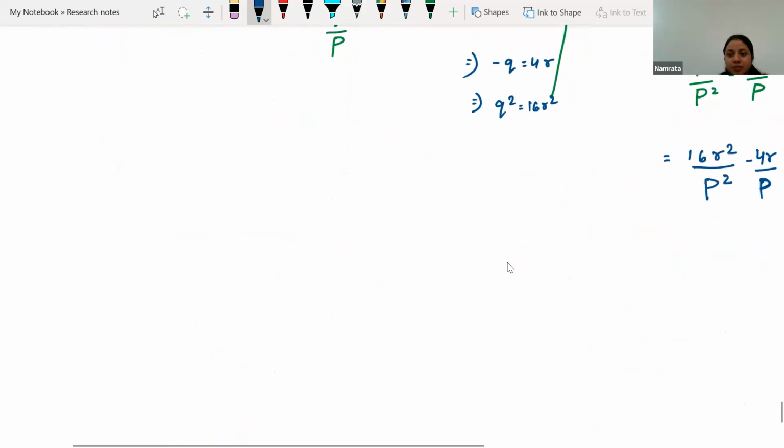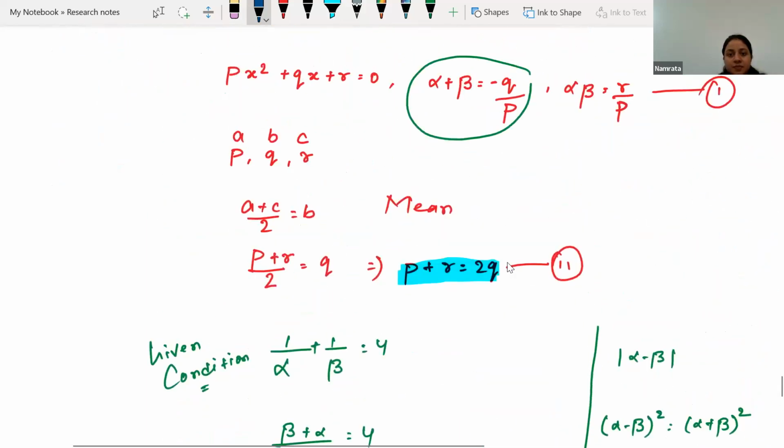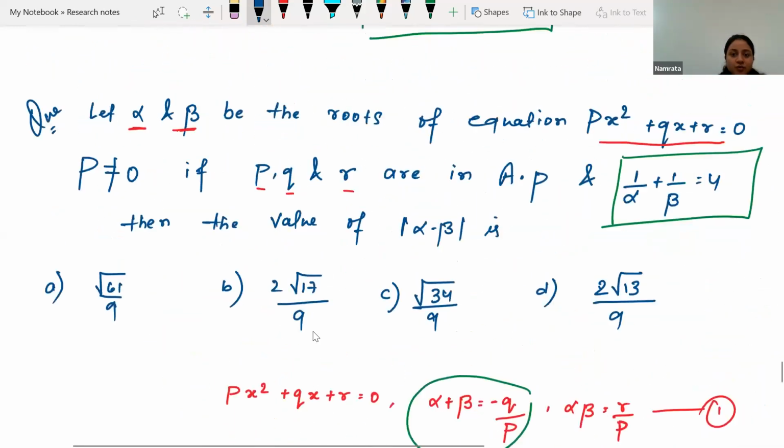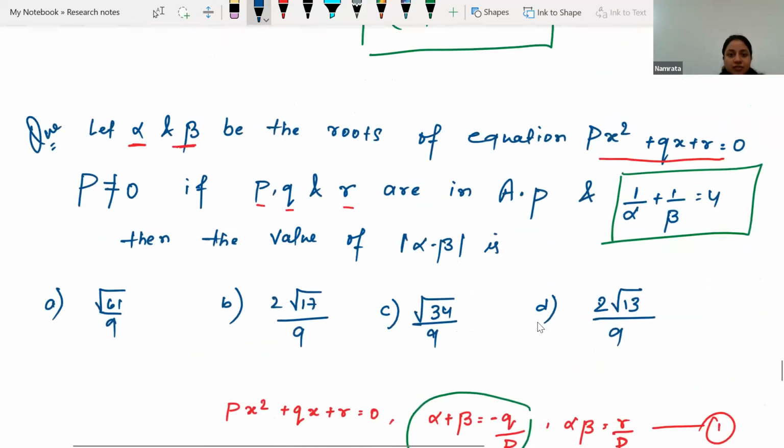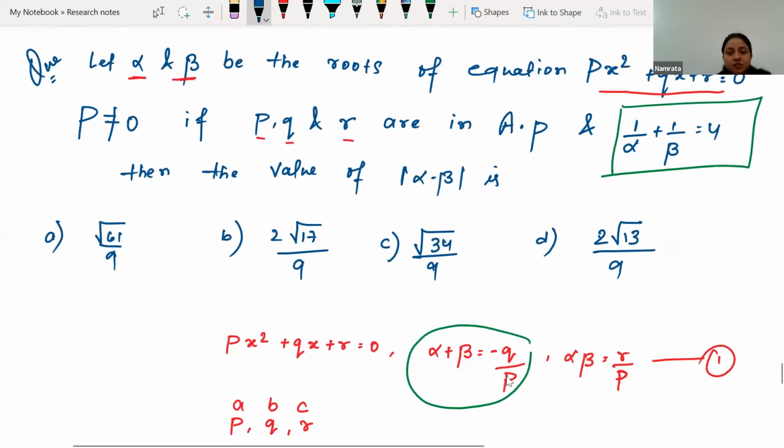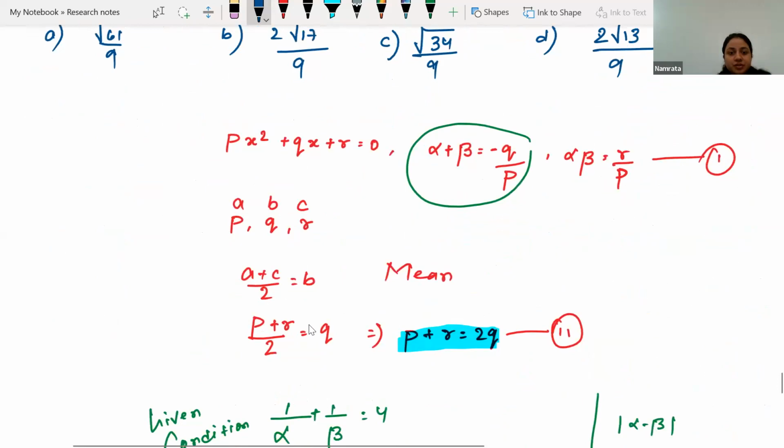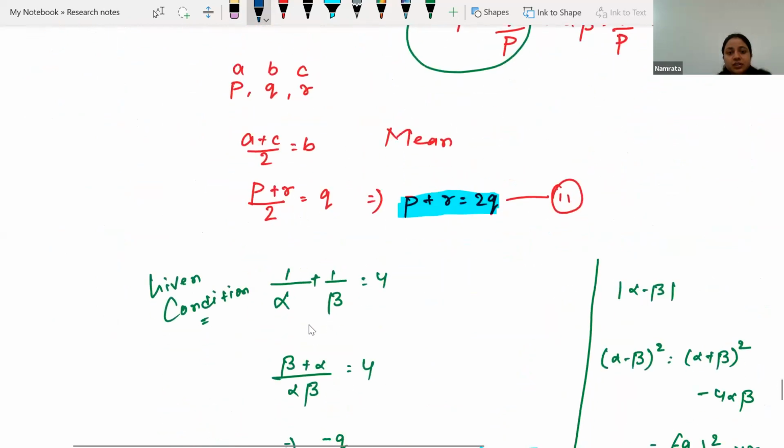If we take p from here, the options are given in values, so obviously we must get a value. We have taken the sum of the roots, the product of the roots.